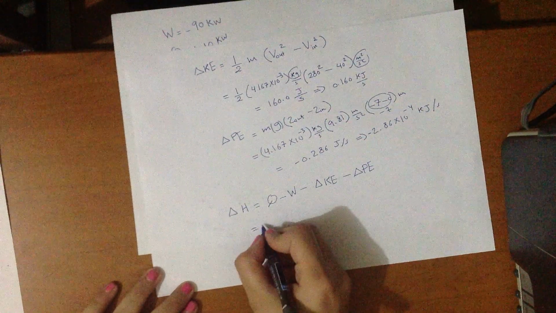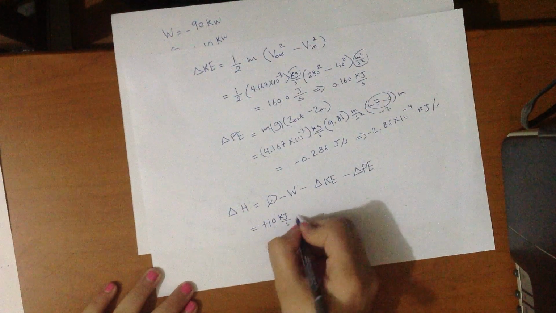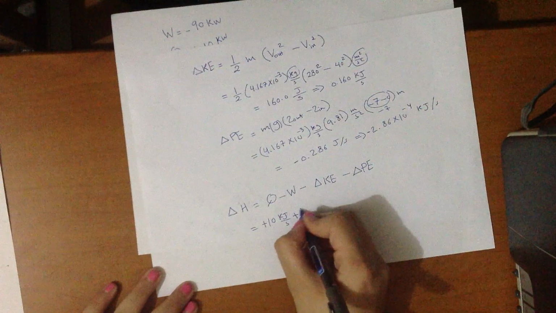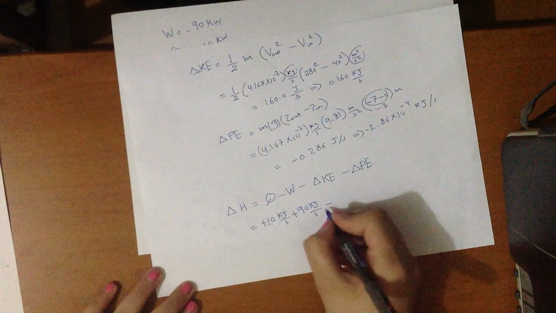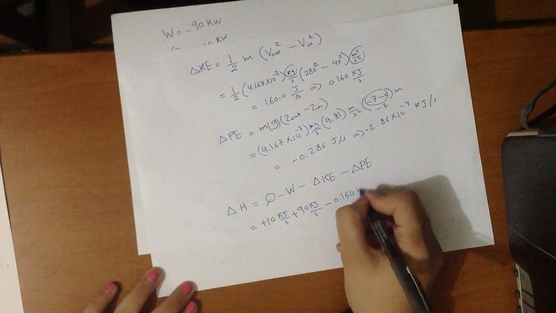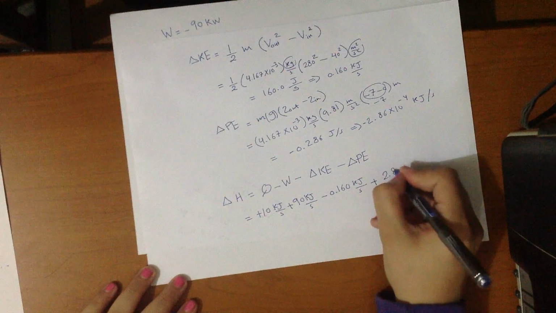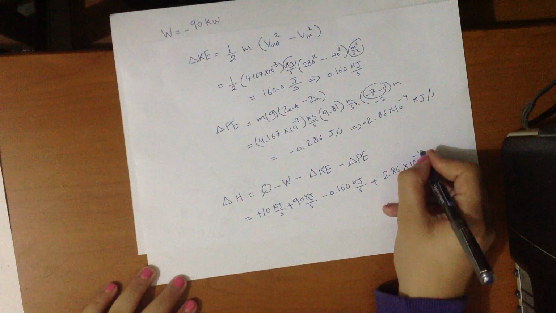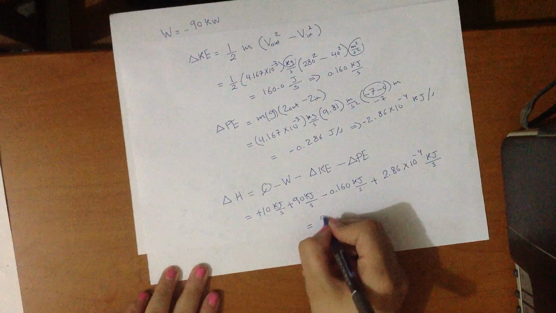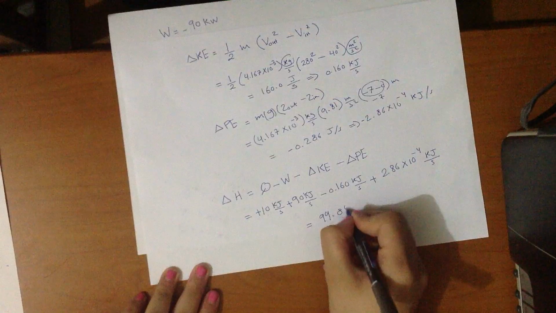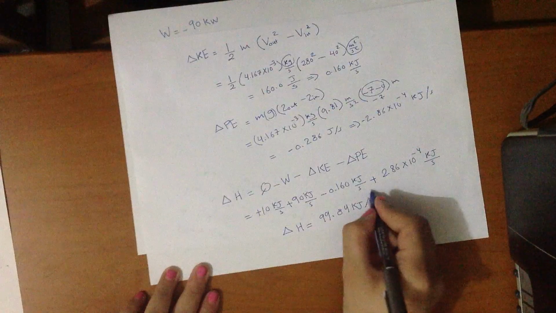That's equal to plus 10 kilojoule per second plus 90 kilojoule per second, because the work is minus 90, minus the kinetic energy, which is 0.160 kilojoule per second, and minus minus 2.86 multiplied by 10 to the minus 4 kilojoule per second. The answer should be equal to 99.84 kilojoule per second. This is the delta H that we need.